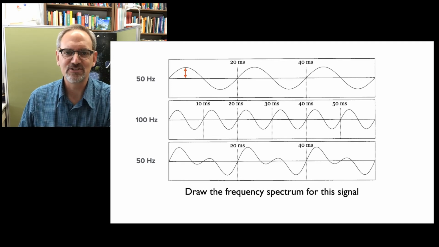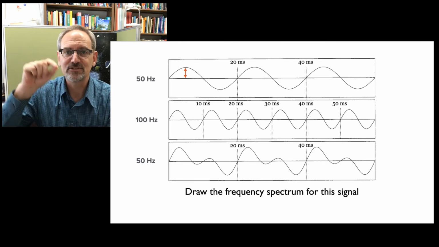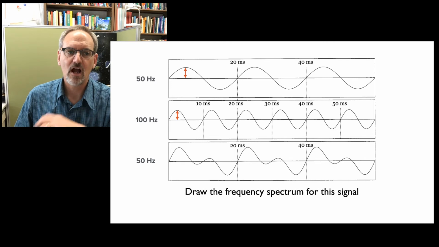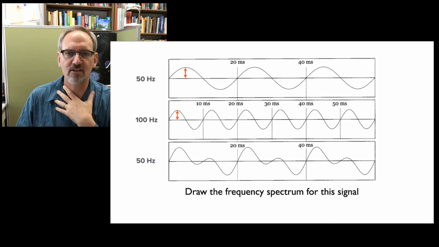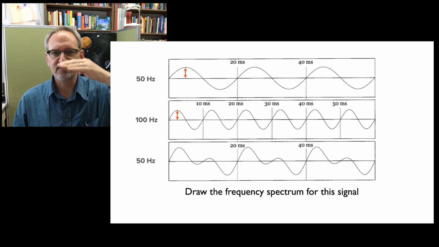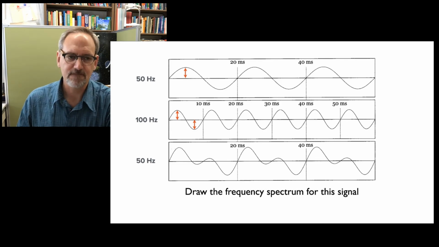Let's take a look. I was going to point out that the amplitude of the 50 hertz component and the amplitude of the 100 hertz component are approximately equal. So in the power spectrum, you should draw them the same height. And it's a principle of the vibration that the intensity above the line and the intensity below the line are approximately equal.